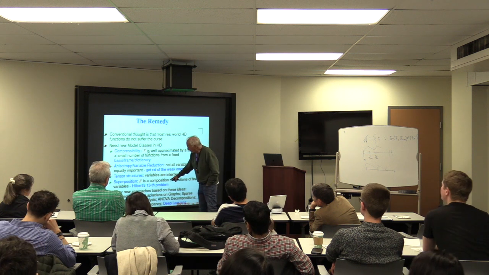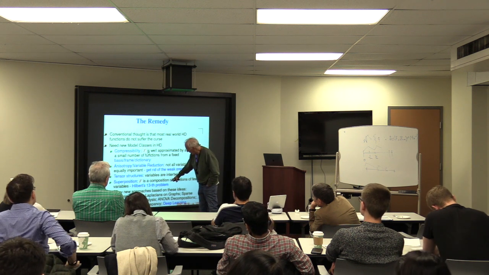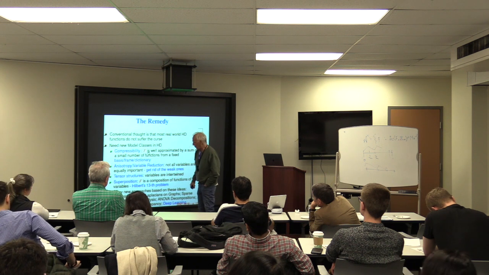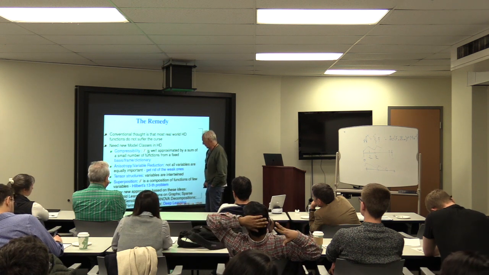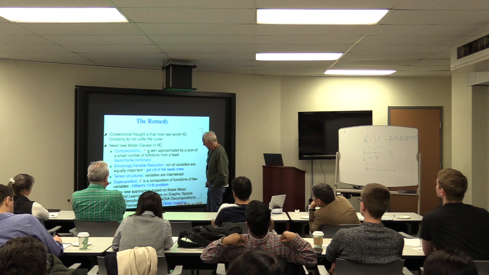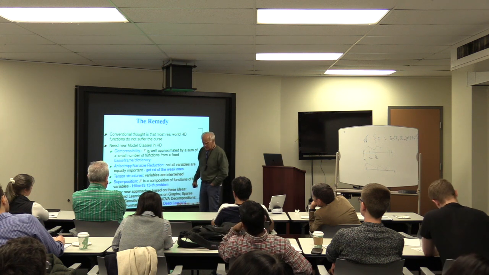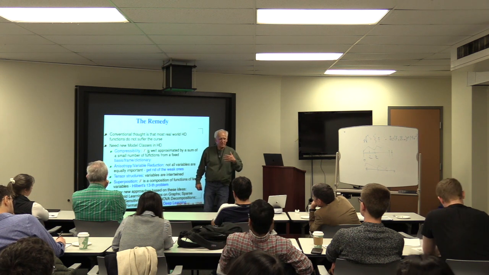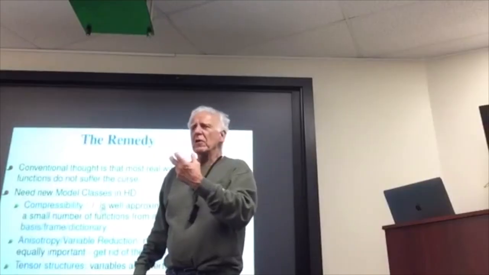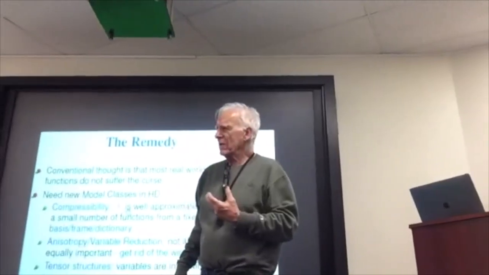And this is a big one, superposition, because everybody thinks that this has something to do with what's going on with deep learning and neural nets, that your function, although it's complicated, it's a composition of lower dimensional functions.